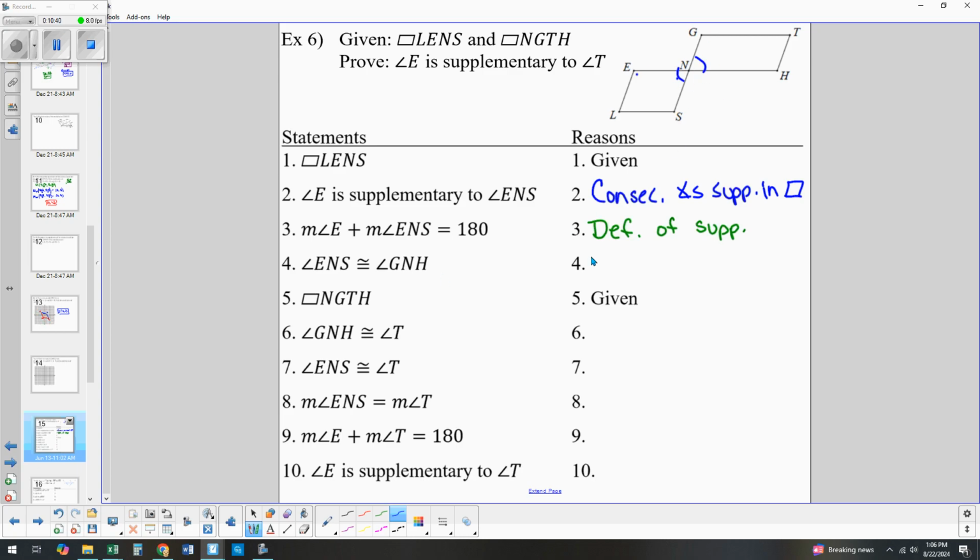These are vertical angles, so we're going to call that the vertical angle theorem. Now I have angle GNH, this one here that I've already marked, congruent to angle T. So these two angles are congruent because they're opposite each other in the parallelogram. So opposite angles congruent in parallelogram.